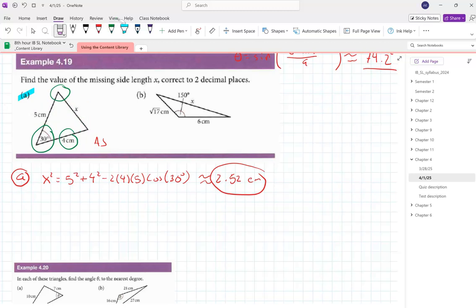So if that number was bigger than 5, I would have had it wrong, since 5 would be the biggest side length in that triangle, which would mean 30 is the biggest angle in my triangle, and that can't happen. If the biggest angle is 30 degrees, I've got to get to 180. Now, it's not perfect. If my number was 3.52, that's still wrong, but I wouldn't know just from the number that it was wrong.